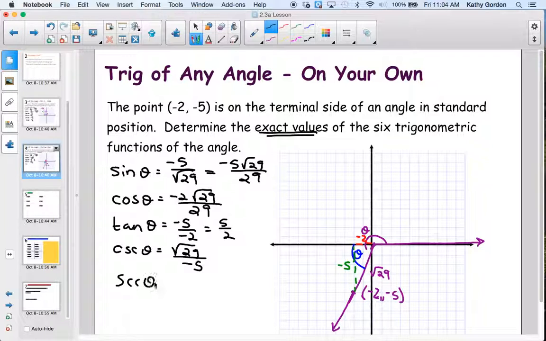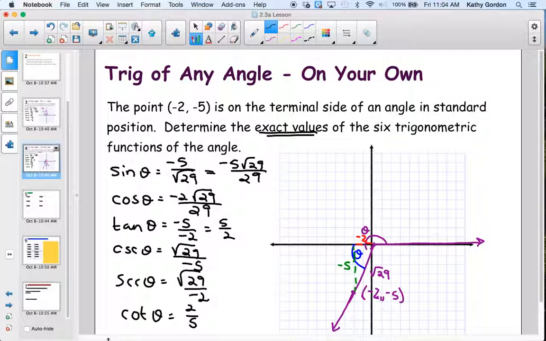Secant of theta. Rebecca? Oh, she just left. Aaron? Secant is root 29 over And the cotangent, Peyton? Okay, makes sense? Any questions on that?